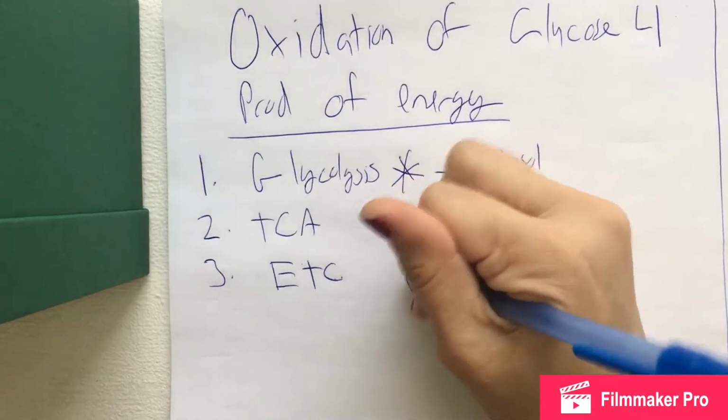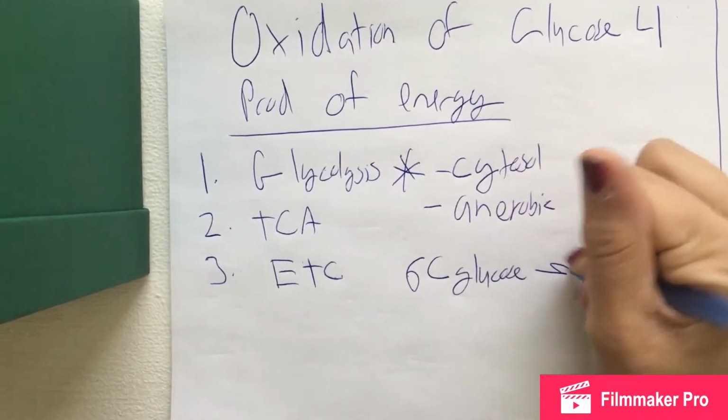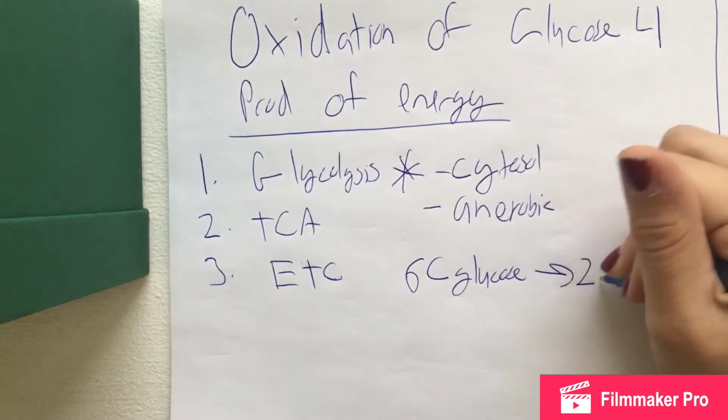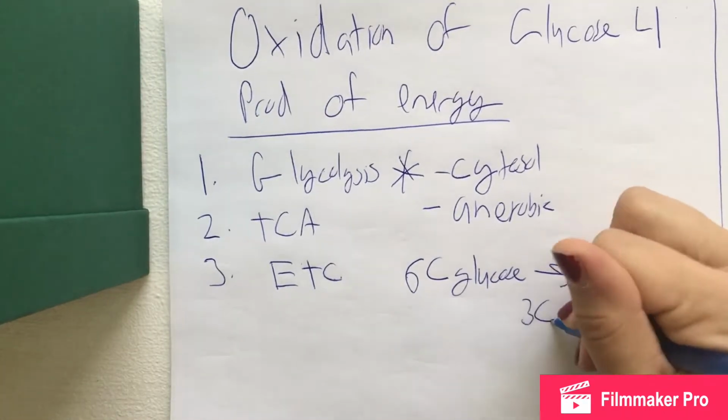The reaction will start out with 6 carbon glucoses and end result in 2 molecules of 3 carbon pyruvates.